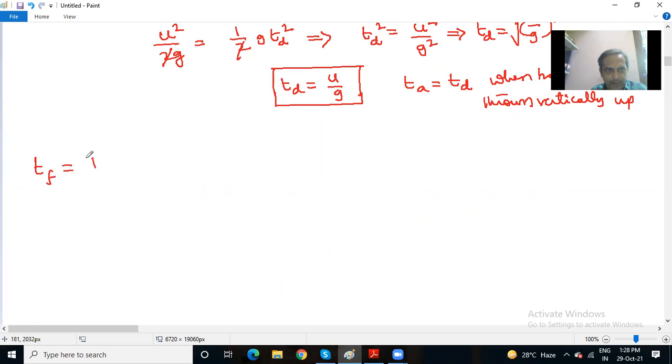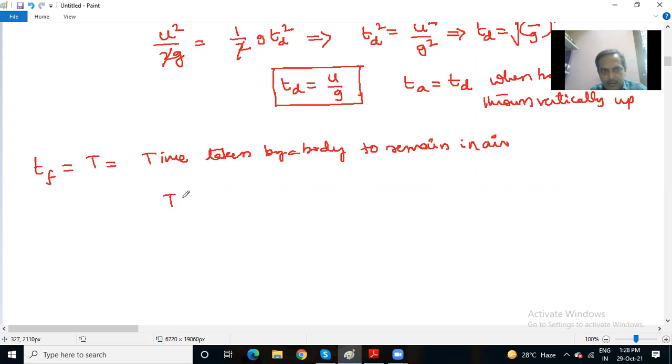You can even take capital T also. What is time of flight? Time of flight is the time taken by a body to remain in air.